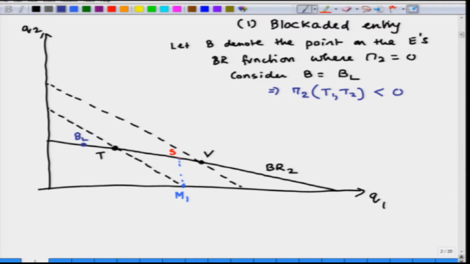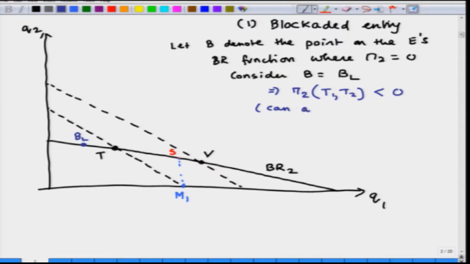Now, in this case, let us ask, why could such a case arise? Such a case might arise if the fixed cost of entry is so large that the entrant cannot even break even at its most preferred Nash equilibrium output. So, this could arise if the fixed cost of entry is very large.